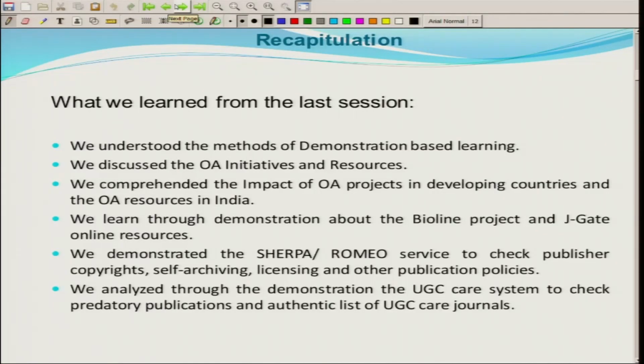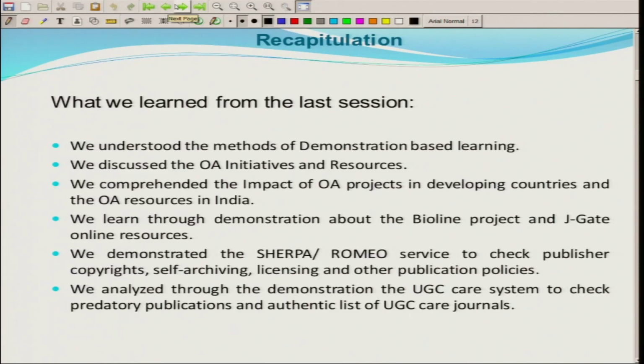We discussed the open access initiatives and resources. We comprehended the impact of open access projects in developing countries and the open access resource development in India. We also learned through demonstration about the BioLine project, the JGate project, the PubMed project and several other projects.